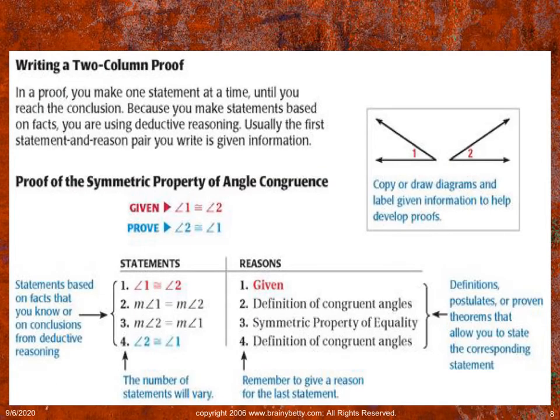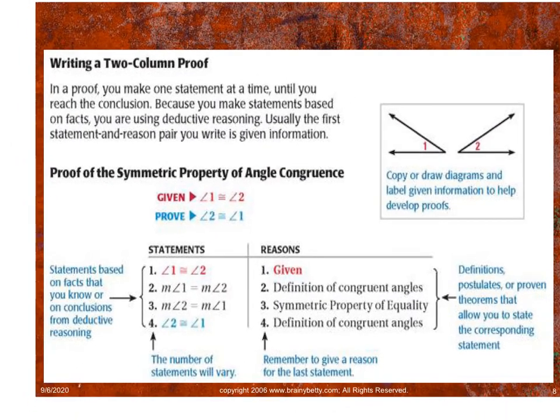So your next slide, this is just a little overview of writing a 2-column proof. Remember, when you write it, you're going to make one statement at a time to try to get to your conclusion or what you're trying to prove. Again, your statement should be based on facts, and you're using deductive reasoning. And then each statement should have a reason.